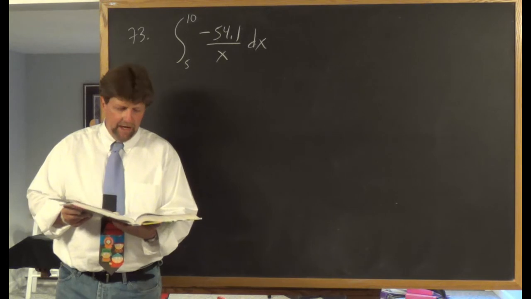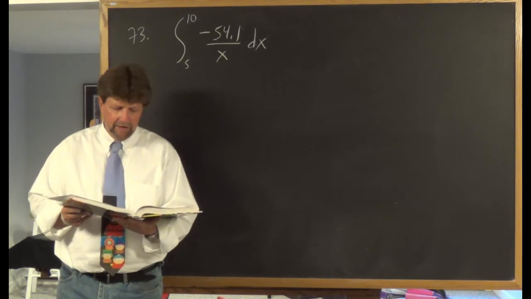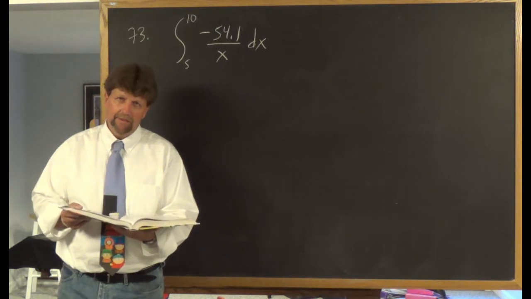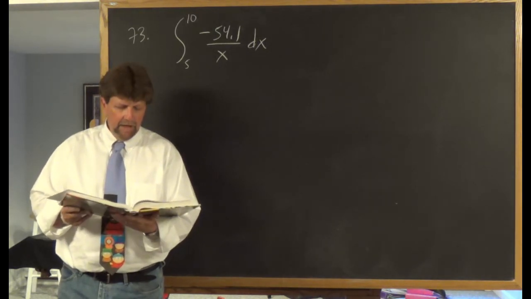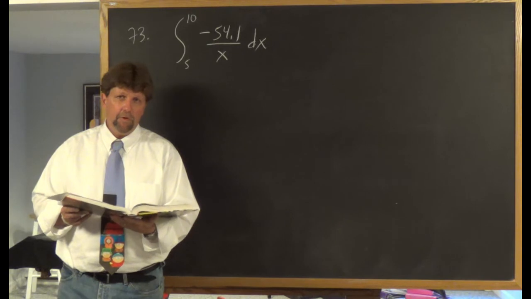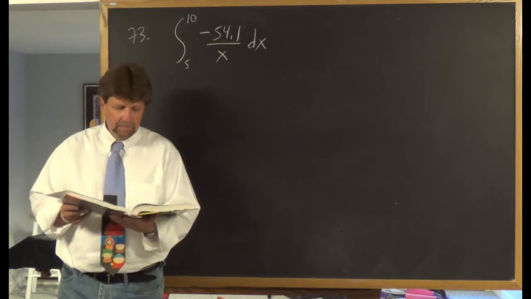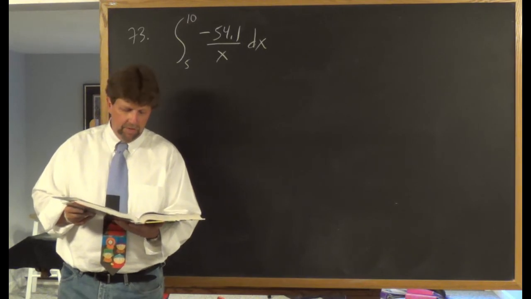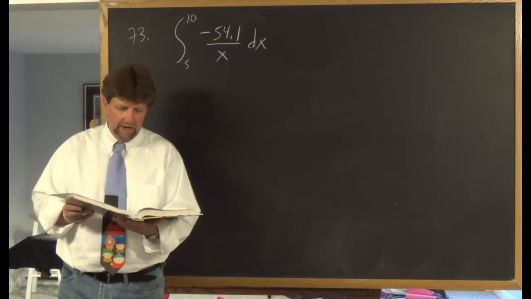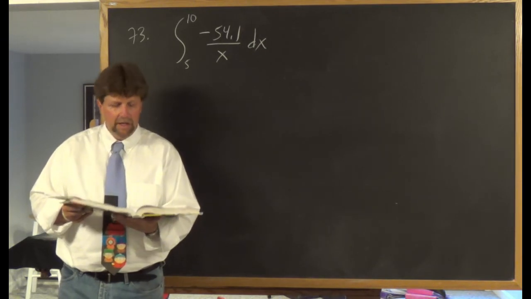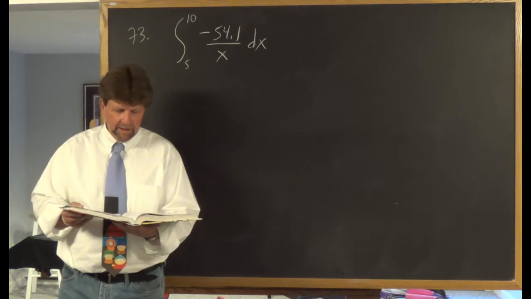The rate of change in the number of mobile homes manufactured in the southern United States from 2001 to 2011 can be modeled by f of x equals negative 54.1 over x, and that's on the interval 1 to 11. X represents years since 2000, and f of x is the rate of change in the number of mobile homes manufactured, and that's measured in thousands per year.